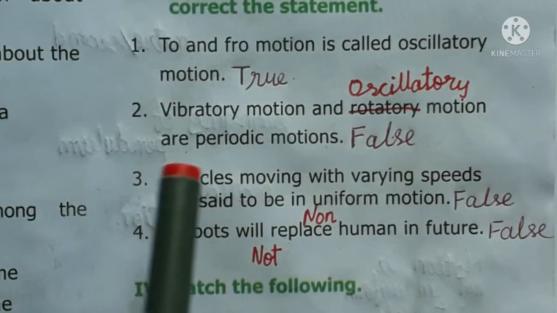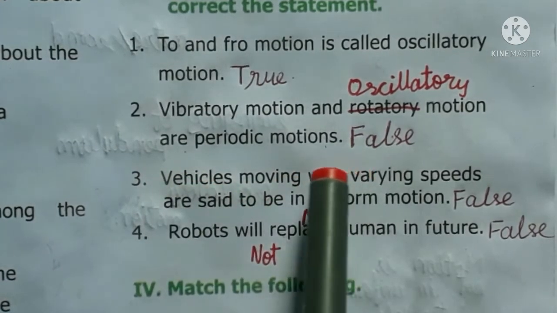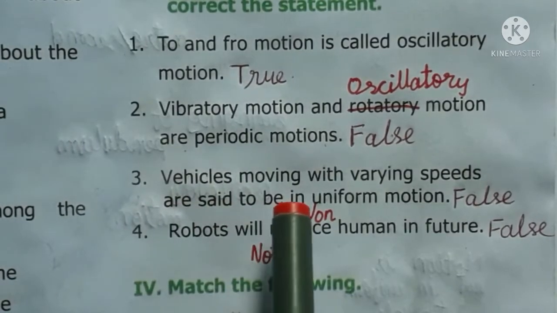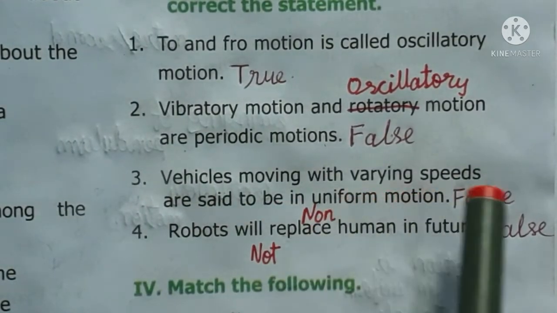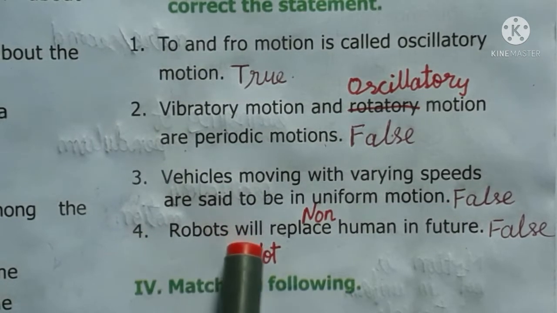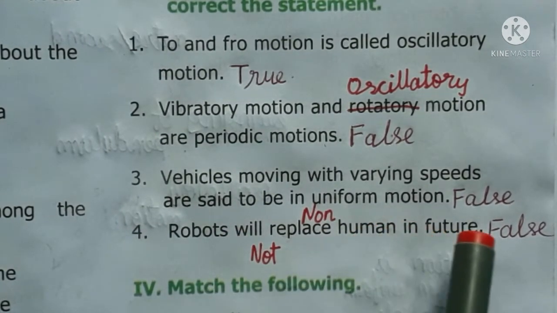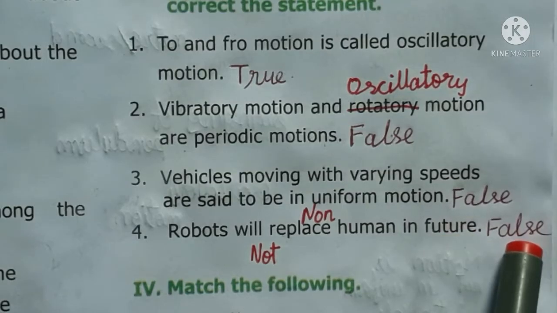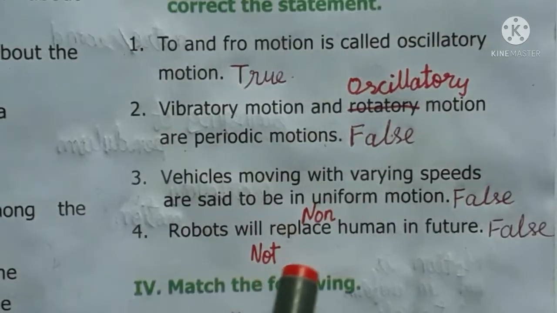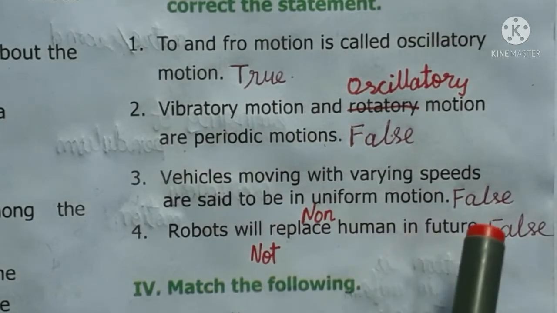Correct statement, vehicles moving with varying speeds are said to be in non-uniform motion. Fourth question, robots will replace human in future. The answer is false. Correct statement, robots will not replace human in future.